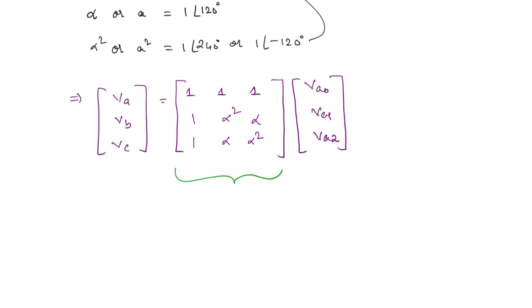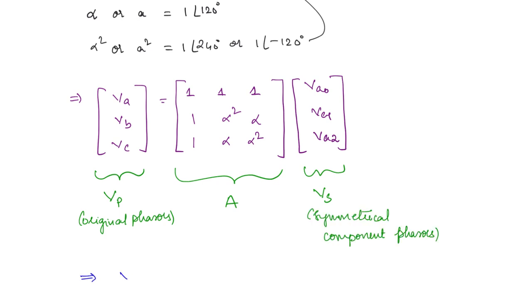So this is how you are going to get the matrix representation. This matrix we will take as matrix A, okay, and this matrix we will take as VP. This is the original phasors, and this we will take as VS. So this is the symmetrical component phasors. So this equation is going to be VP is equal to A into VS. This is the matrix representation that we are looking for. Okay. This is in terms of voltages, right? Unbalanced voltages we took.